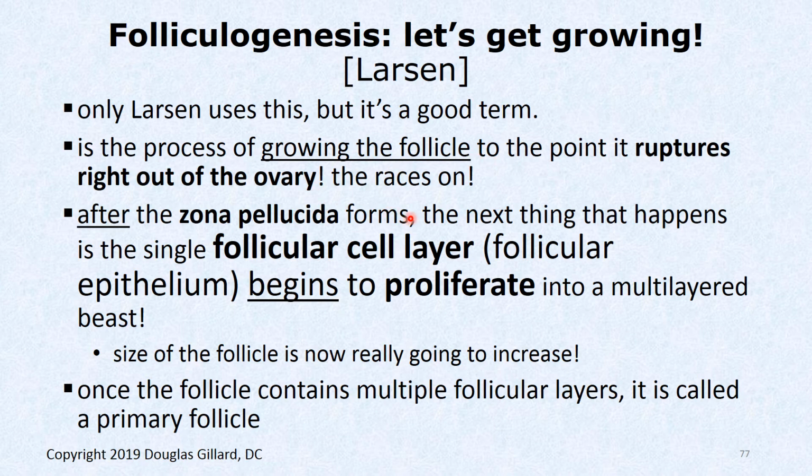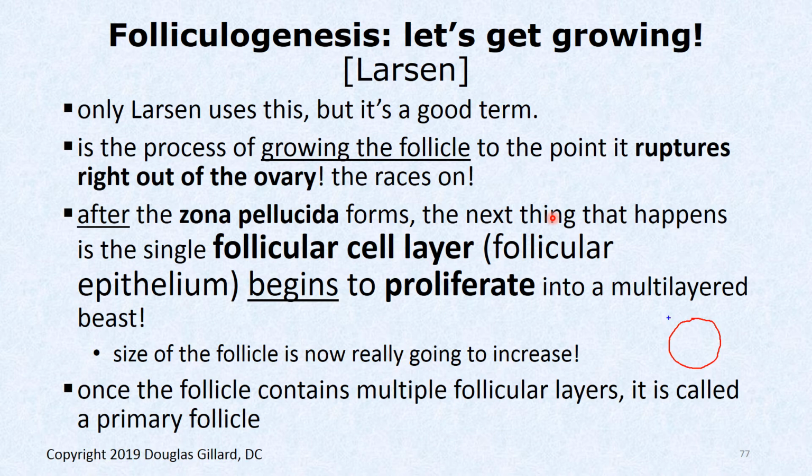After the zona pellucida forms, there's the third thing that happens. So we got cuboidal cells formed, and then we got a zona pellucida formed. But now that single follicular layer of cuboidal cells is going to start multiplying and multiplying and multiplying, right? So again, amazing drawing abilities.